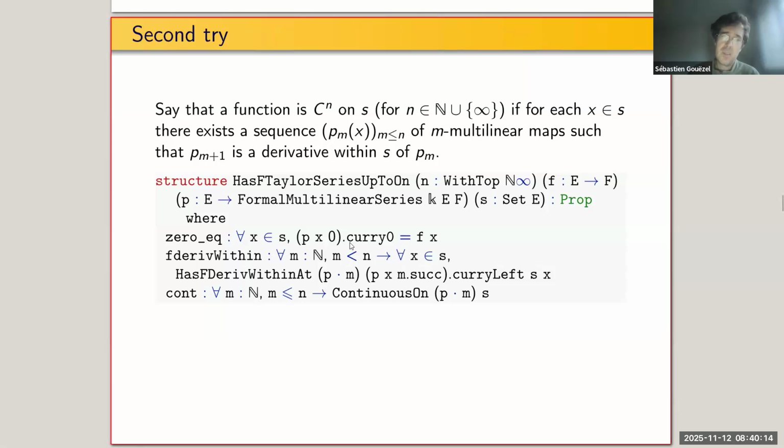And you see that there are this curry 0 and curry left here, which are the inconvenience that continuous linear maps with n variables are not the same as continuous linear maps with n plus 1 variables. There are these identifications that we do all the time in our mind, and here you have to write them down.